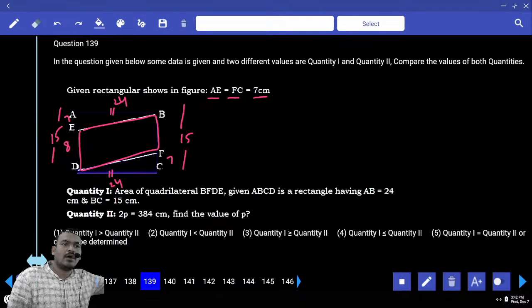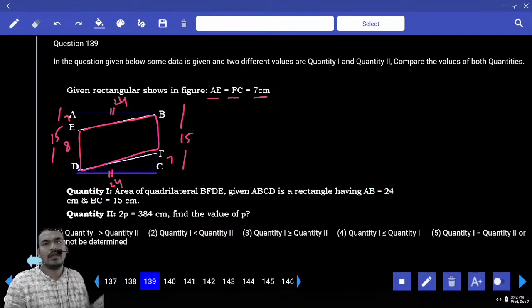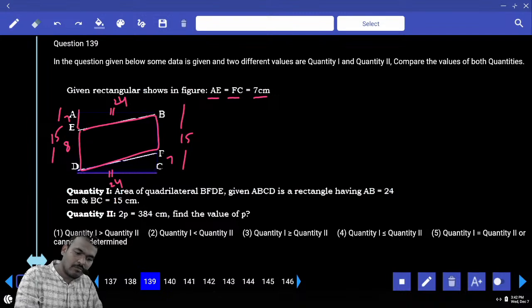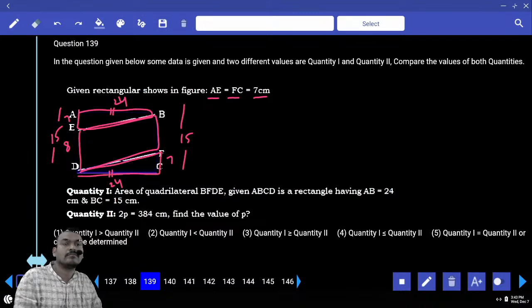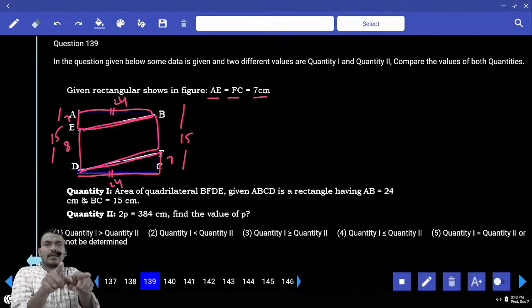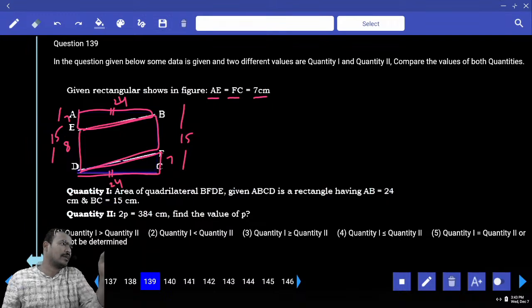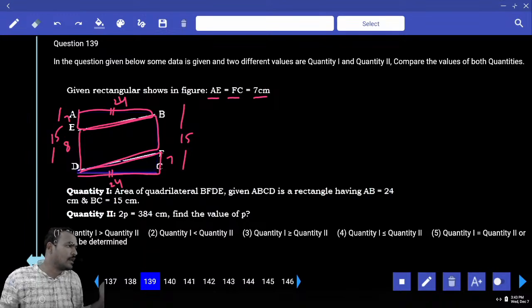Out of the rectangle we subtract two right angle triangles' area, and we get the remaining portion area. How many right angle triangles are there in the diagram? Two. Those two right angle triangles' area is subtracted from the rectangle area, and we get the remaining quadrilateral area.